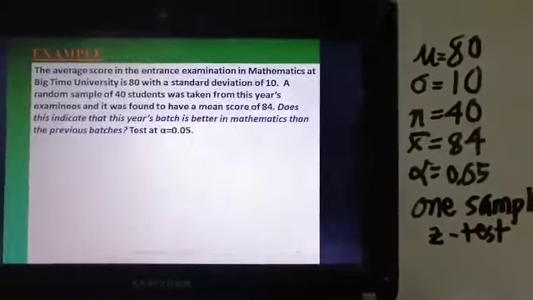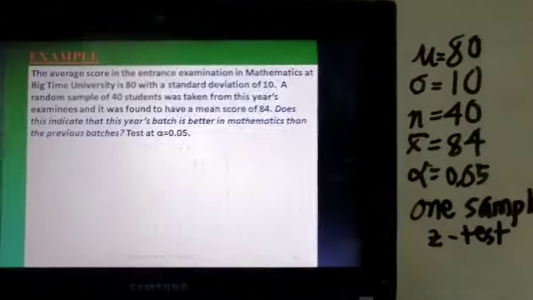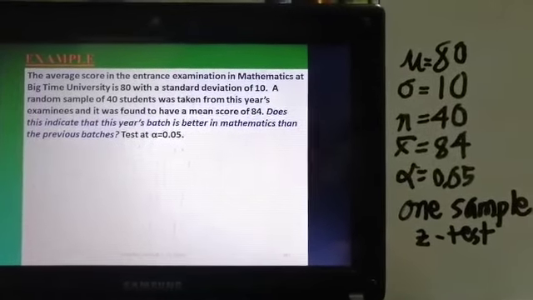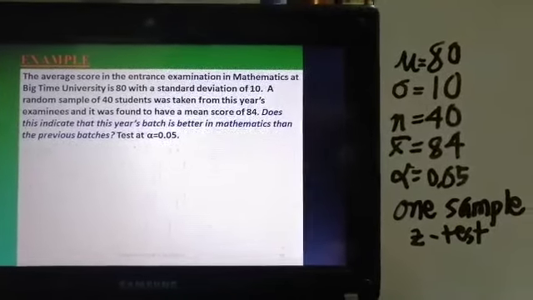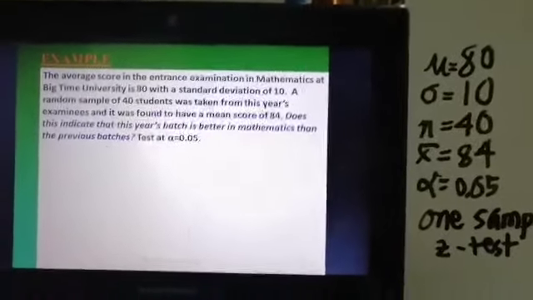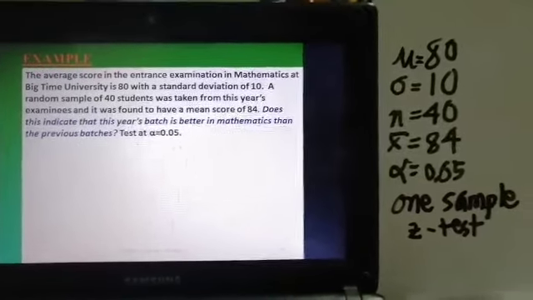Now, I can give you another example, but this one is somewhat similar to our first example. But if you may notice, there is already a claim in this problem. Look at the last part.